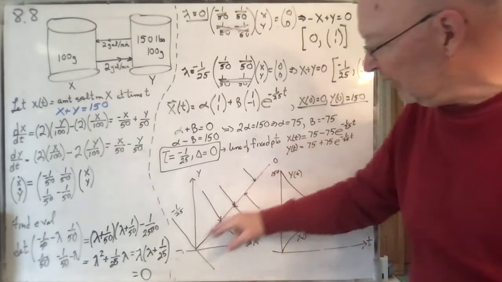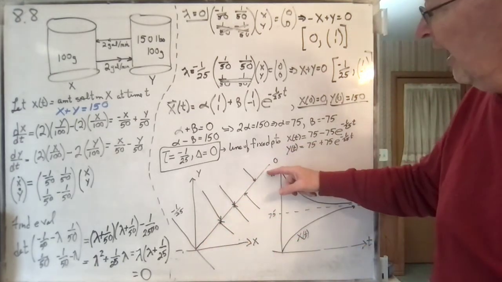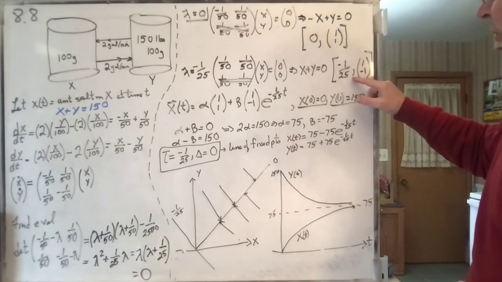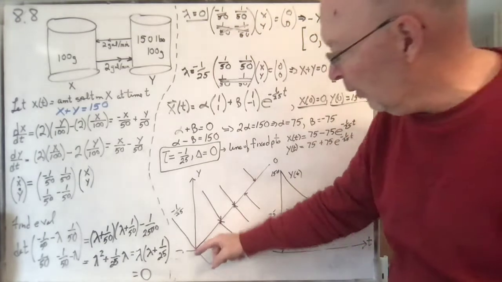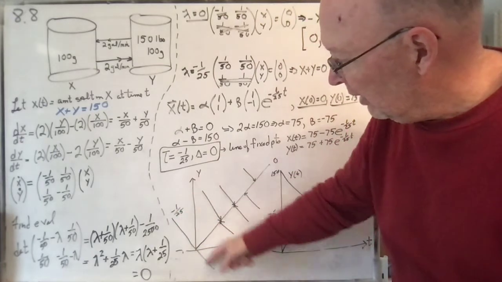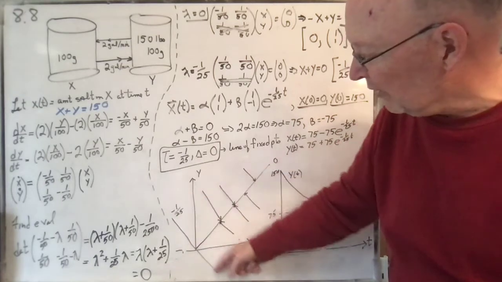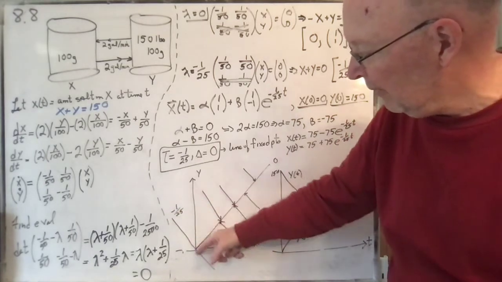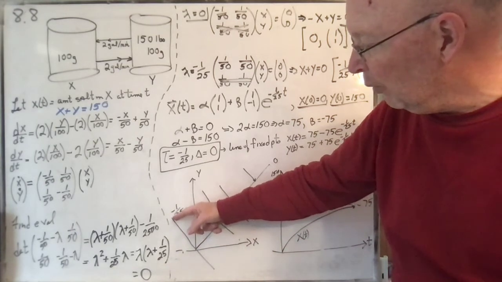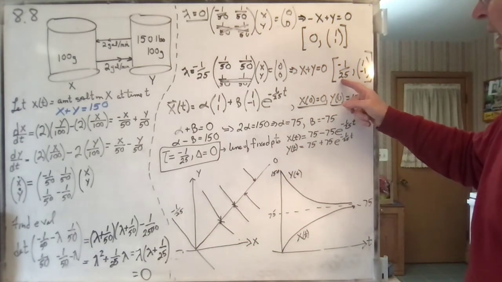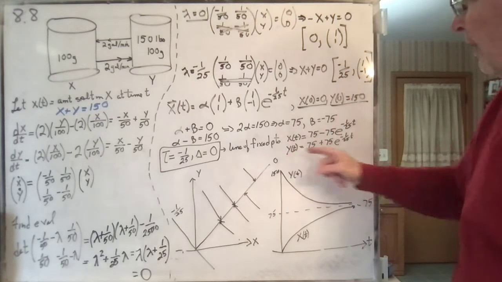There's the eigenspace right there, and then here's the eigenspace for 1, negative 1. 1, negative 1 is going to be a line that goes in this direction, perpendicular to this one. Basically, the line y equals negative x, and that has associated with it the eigenvalue of negative 1/25.